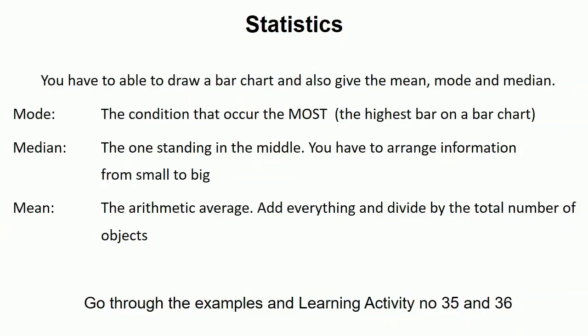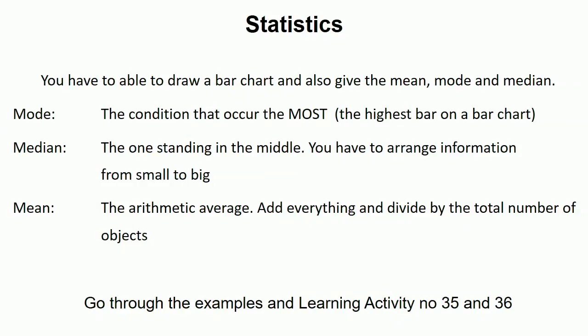Let's see. First of all, statistics, you need to know what is the mode, what is the median, what is the mean. The mode is the condition that occurs the most. Remember, it's not the answer of the most, it is the condition. The median is the one standing in the middle, and I have to arrange them from big to small or small to big.